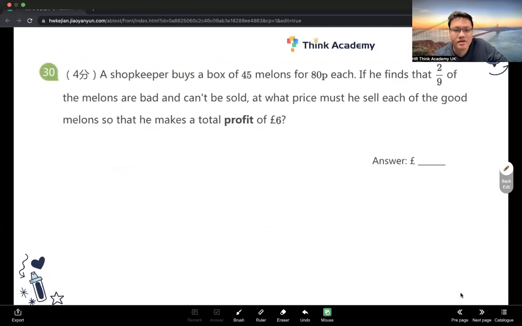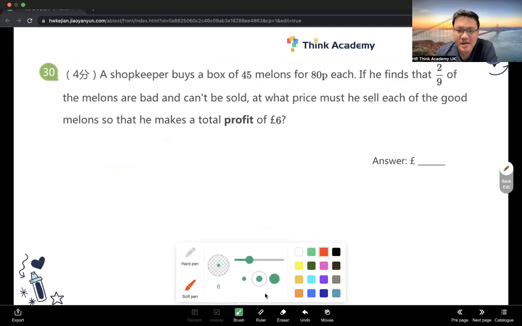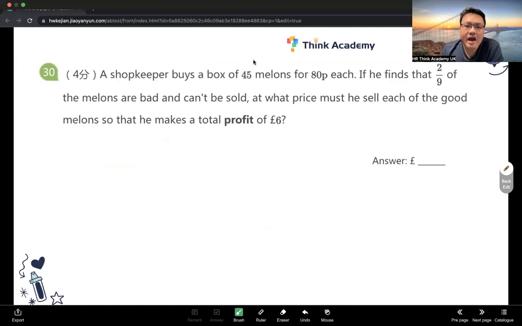Okay, question number 30. The correct rate for this one is 67%. A shopkeeper buys a box of 45 melons for 80 pennies each. That information gives you the total cost of those 45 melons, right?